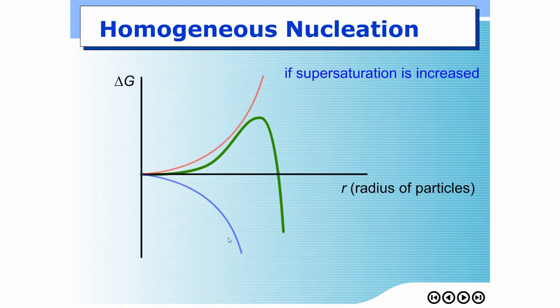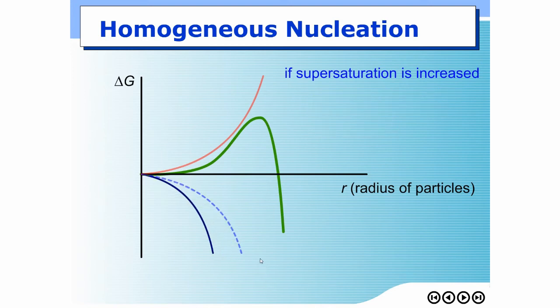So the blue function depends on supersaturation level. As we discussed, we can create supersaturation by decreasing temperature or changing the reactant to products. And the third one is using a different solvent. All right.